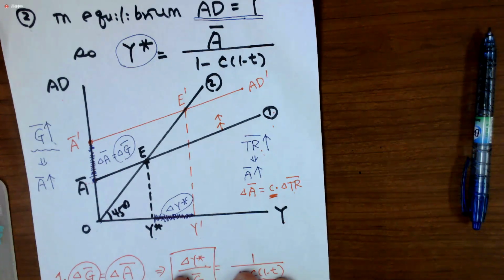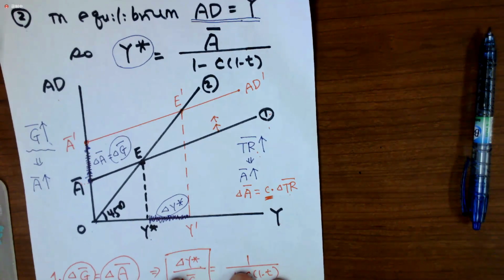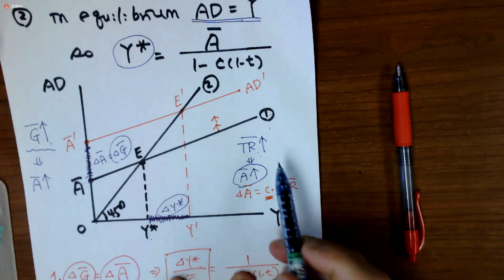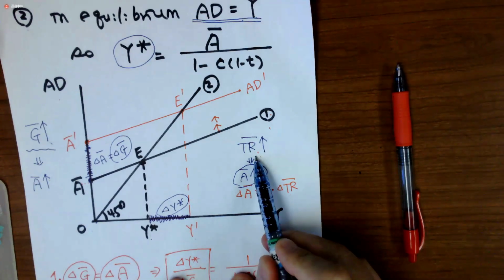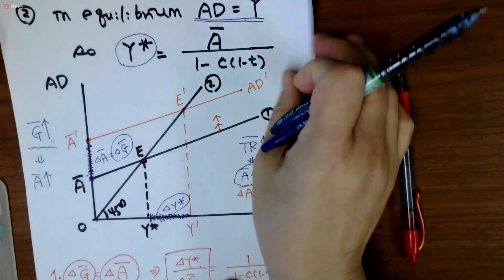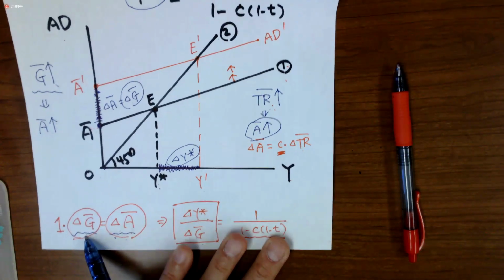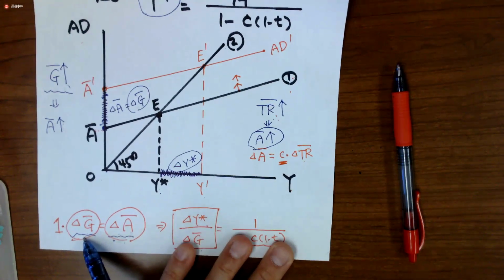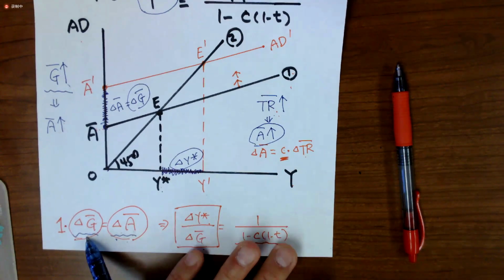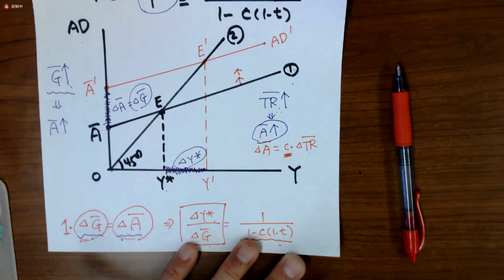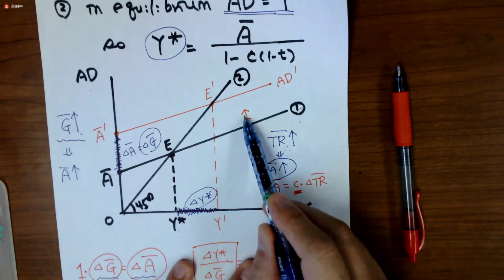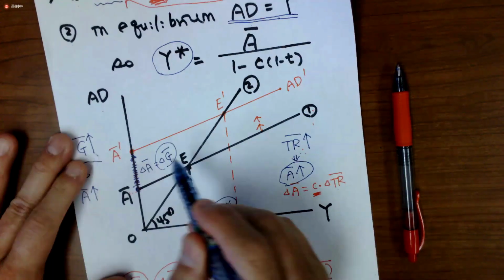However, the increase in total autonomous spending because of the increase in transfer payment will be smaller than the same amount of increase in government spending. So as a result, the parallel shift because of the increase in transfer payment will be smaller.